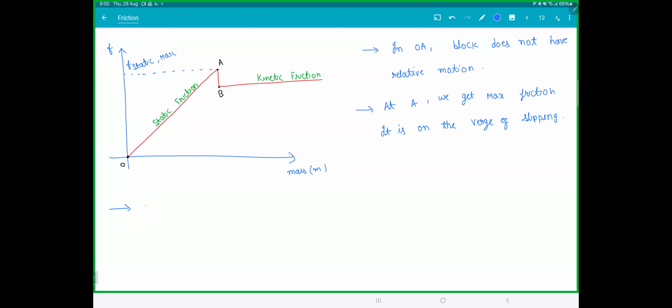Then in the region AB, the friction suddenly drops. That was more weird. Now, what happened exactly here? Now, the thing is, when the surfaces move, after applying maximum force, the bonds are broken.